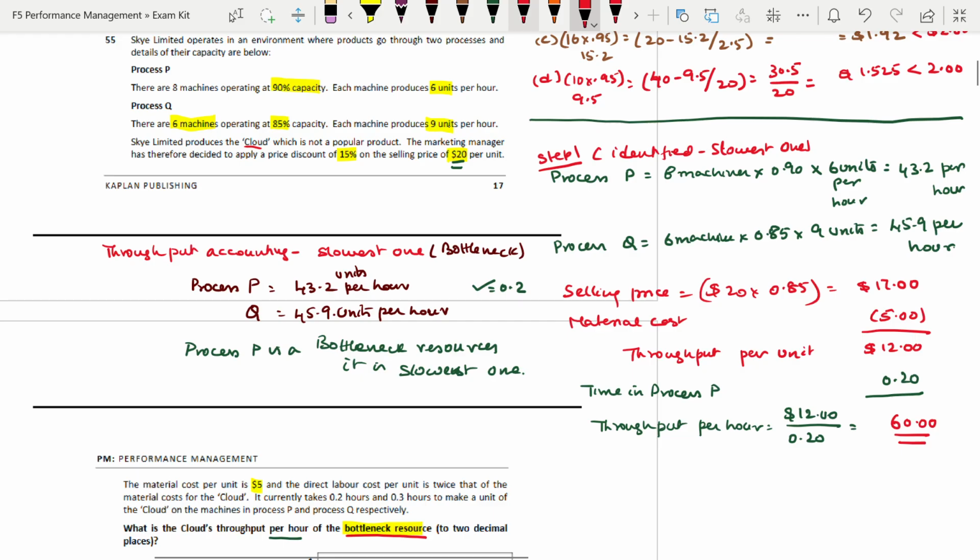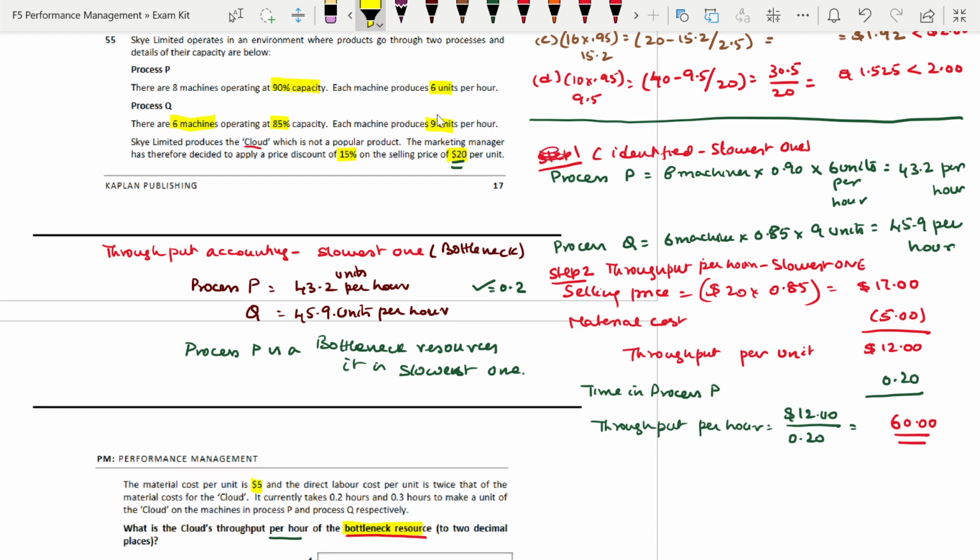In step 2, we have calculated the throughput per hour for the slowest one.